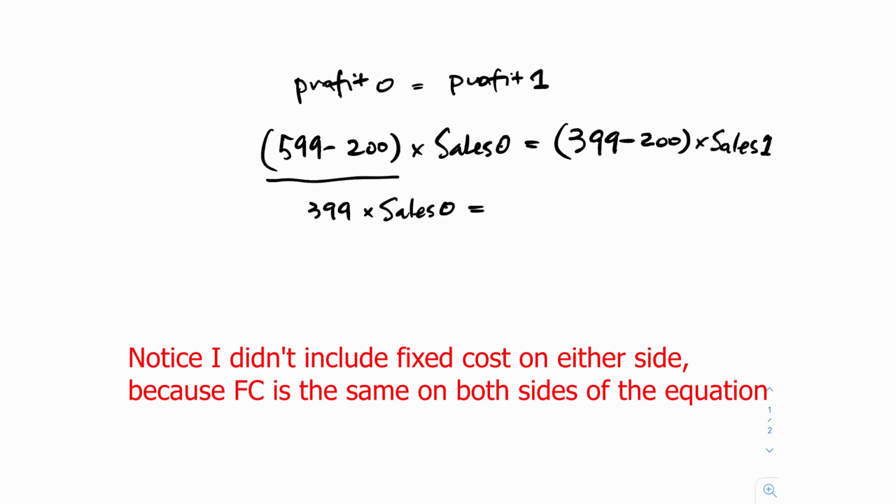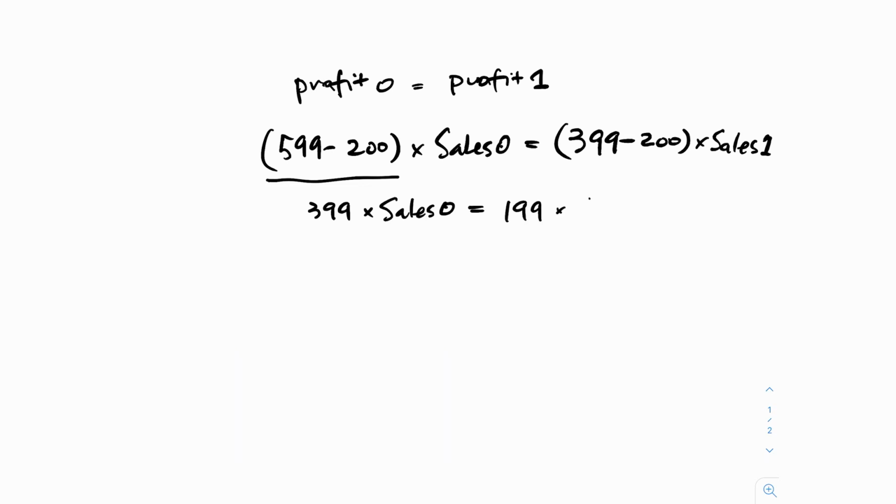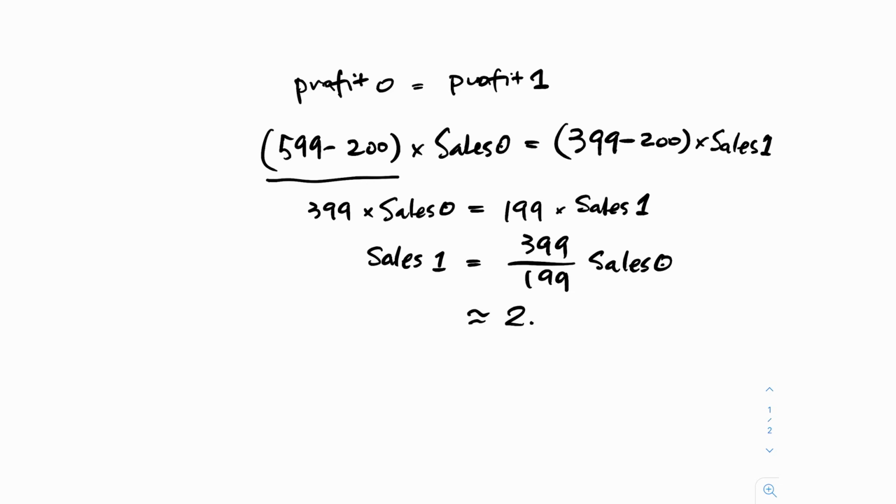To calculate these numbers, we can first calculate the profit margins for both before and after, and then we transform the equation. What we get is basically that the sales after the price change are slightly over twice the sales before the price change.